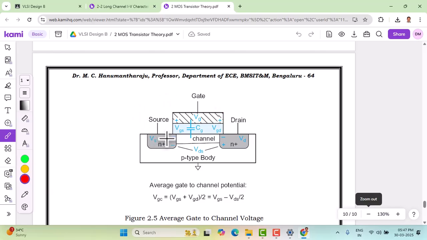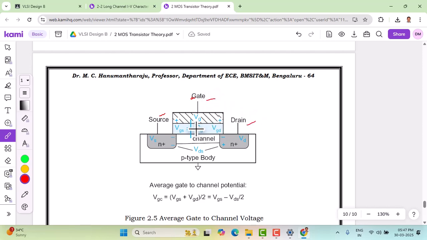We have the voltage at the source labeled Vs, and the voltage at the drain Vd. VGS is the voltage applied between the gate and the source, and VGD is the voltage between the gate and the drain.